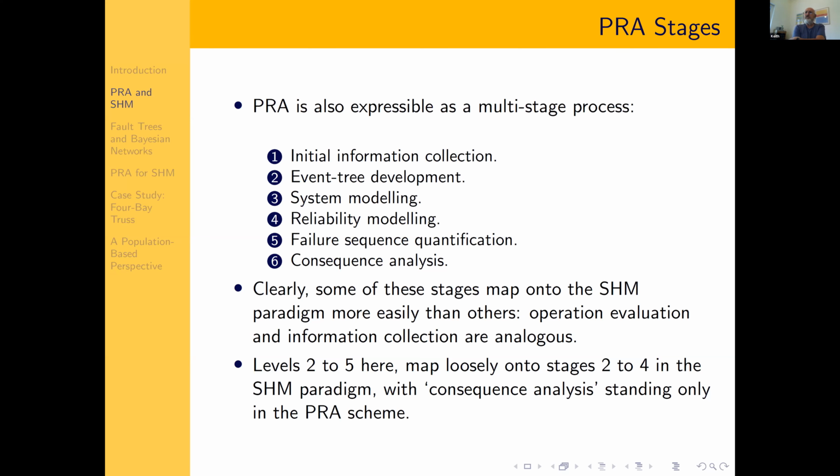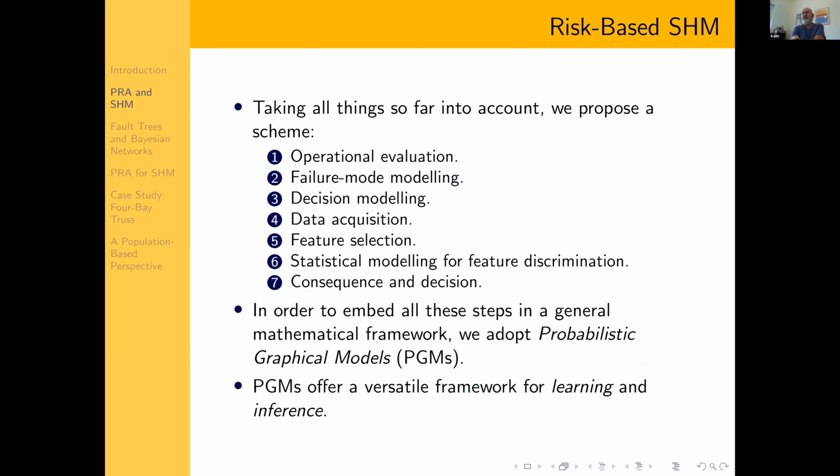The levels 2 to 5 here loosely work their way into the SHM framework through feature selection, data acquisition, statistical modeling. So taking all the things so far into account, we're going to propose a general scheme or process for risk-based SHM. And we're going to keep operational evaluation, and we're going to keep this process of data acquisition, feature selection.